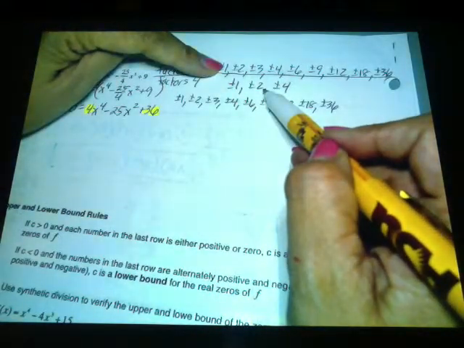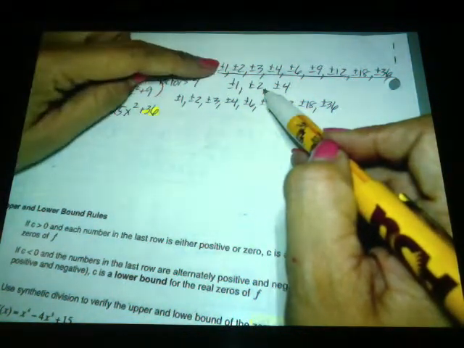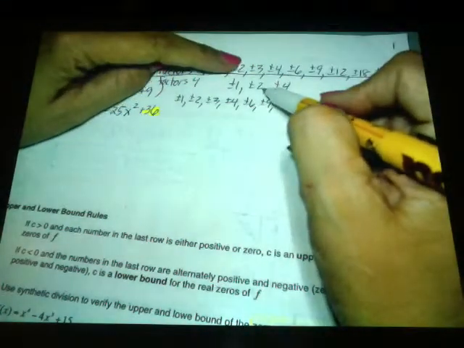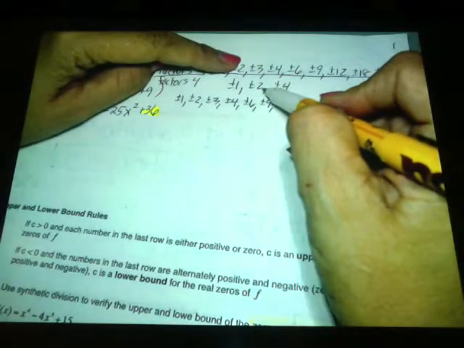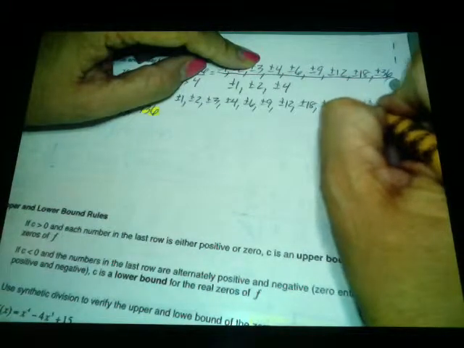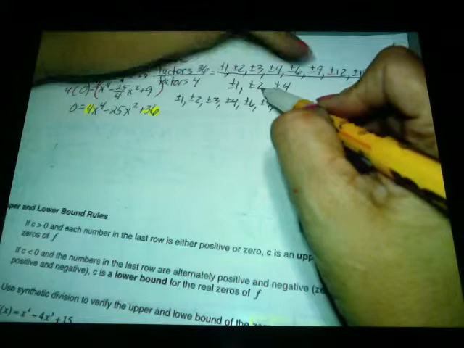1 over 2. Isn't that 1/2? So we have to add that one, so plus or minus 1/2. What about 2 over 2? That's 1, we already have that. What about 3 over 2? Got to add that. What about 4 over 2? We have 2. 6 over 2?